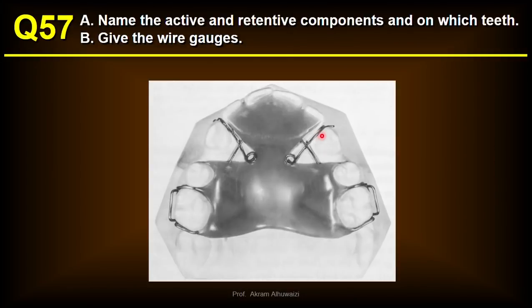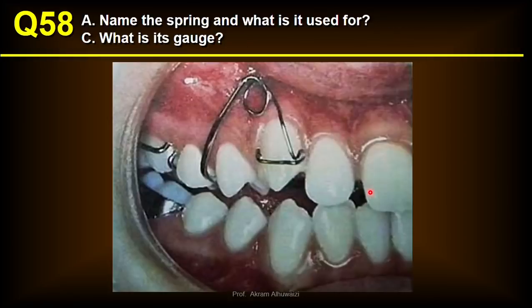Name the active components and the retentive components. The active component is the guarded finger spring, which is made out of 0.5 mm hard stainless steel wire, seated on the canines, and on the 6s there are the Adam clasps, made out of 0.7 mm wire.